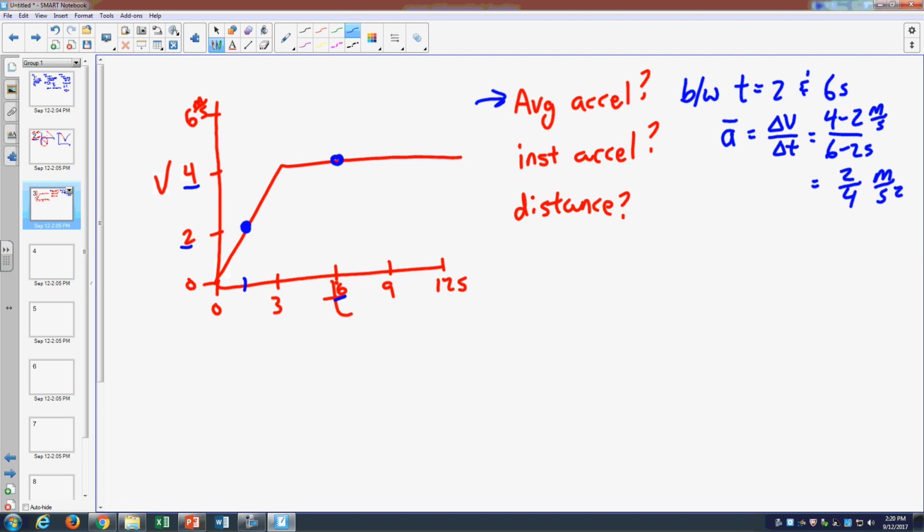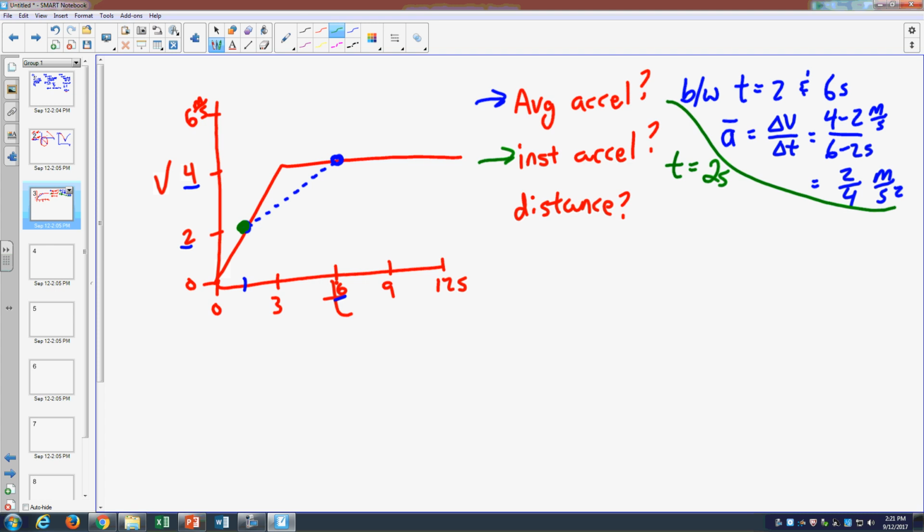I like to think of this, by the way, I like to draw a line in between them. And then it helps me to think about, I'm just finding the slope of that line when I'm doing average acceleration. I could also ask you, what is the instantaneous acceleration? In order to do that, I find the slope at a particular point. Like, let's say I want to know the instantaneous acceleration at t equal 2 seconds. At t equal 2 seconds, that's right here.